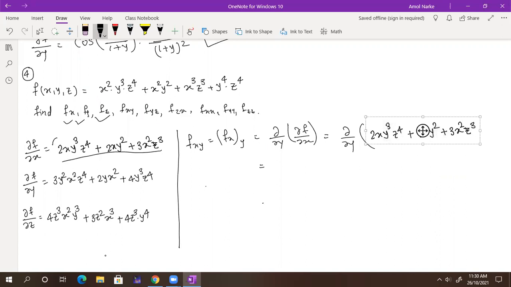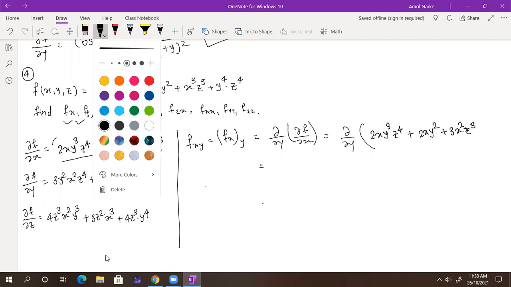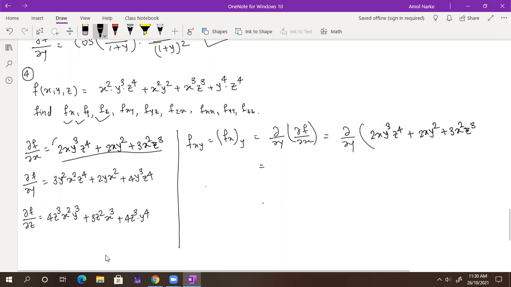Okay, I just calculate now. Let's check what it comes to. With respect to y, if I am differentiating, it is 6xy²z⁴. Very good. Here with respect to y, it will come 4xy. And here there are no terms of y, so it is 0.